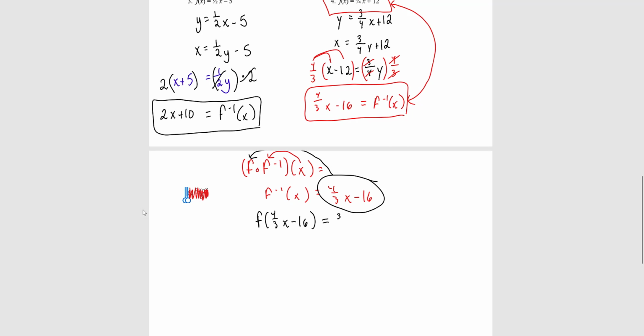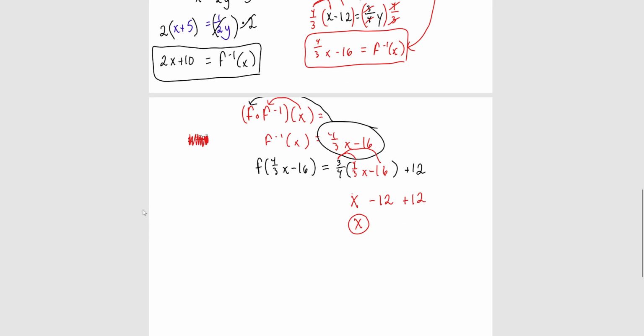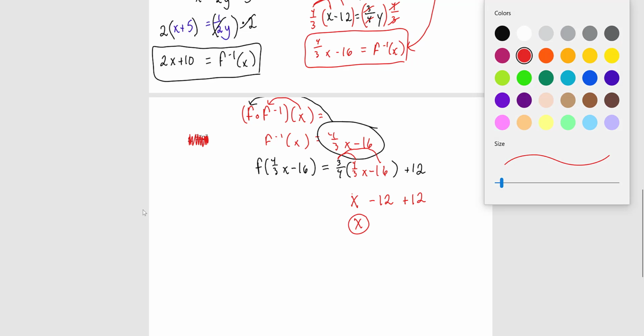So this is going to be 3/4 times something plus 12, and that something is the other function. 3/4 times 4/3, those are reciprocals, so we know those are just going to become 1x. 3/4 of negative 16 is negative 12, and negative 12 plus 12, of course, is 0. So that's x.